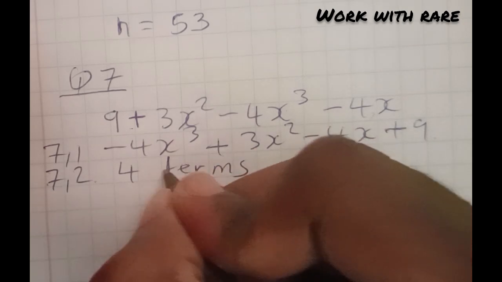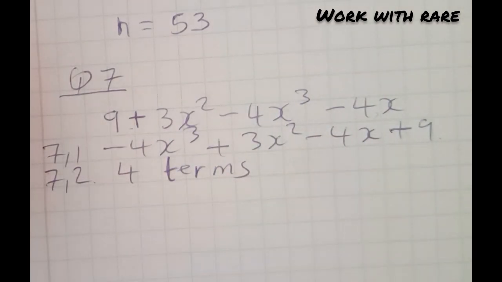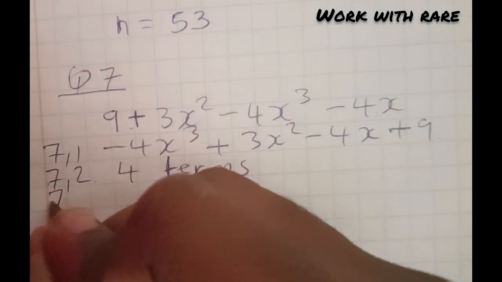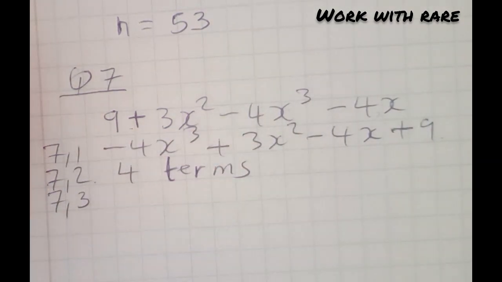If you write just 4, I think they'll give you a mark because they want the number. That's very easy, but you should know, some didn't know until I explained.